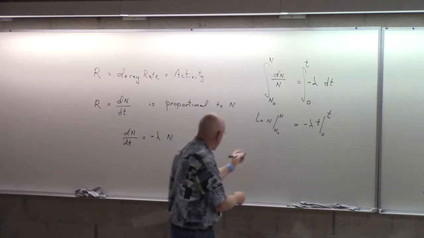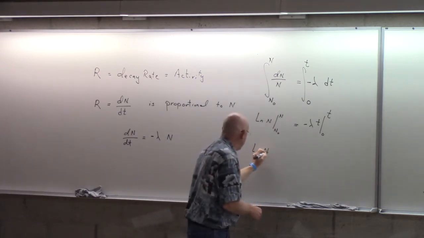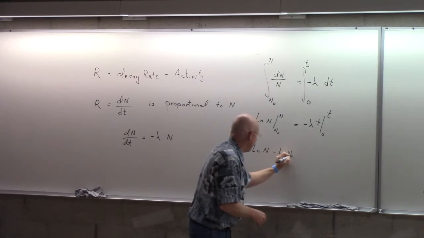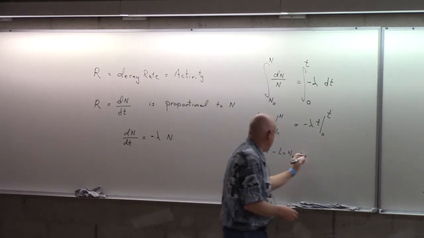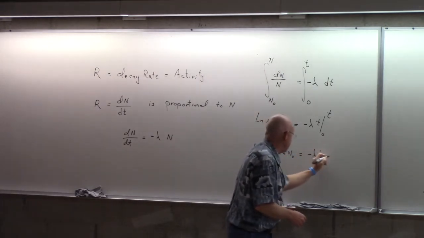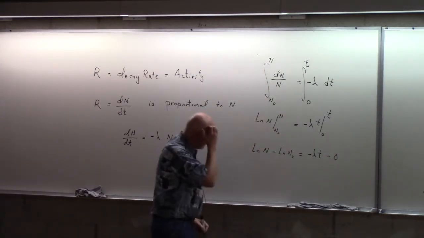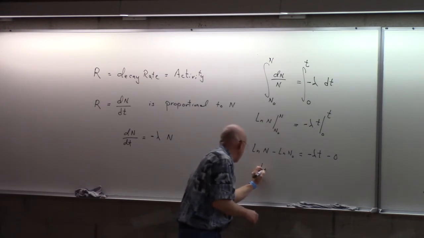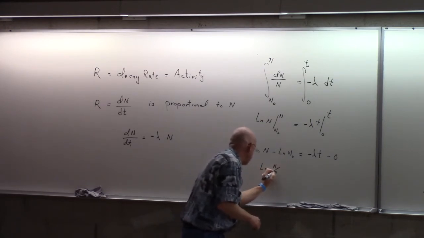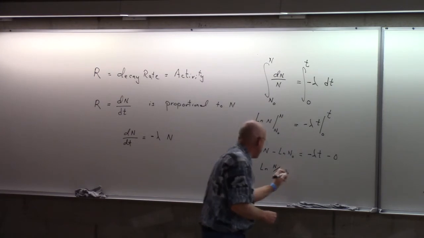And if we put in our limits, then we have ln N minus ln N naught. And on this side, we would have lambda t minus 0. Again, another nice property of logarithms is when you take a difference, you can write that as a quotient.